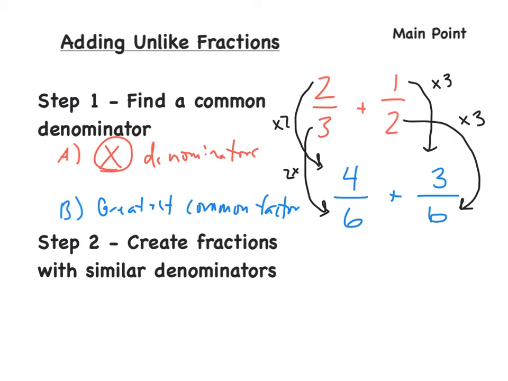Now we can just add these together. We have 4/6 plus 3/6 is equal to 7/6, because all we had to do is add straight across and keep the denominators the same. If we put that into a mixed number, we would have 1 and 1/6 as our final answer.